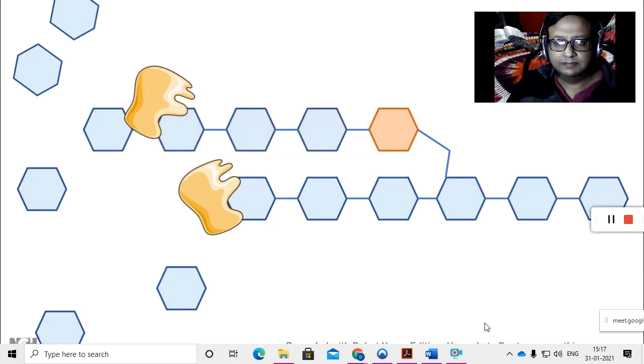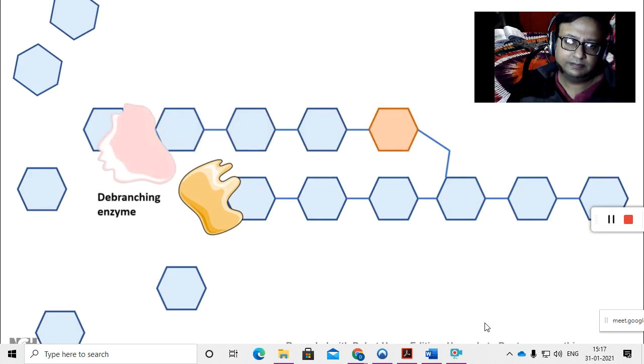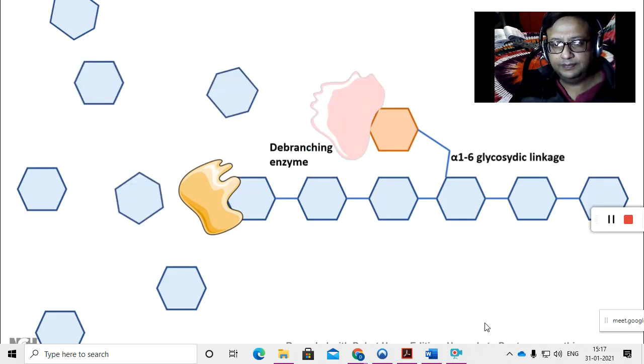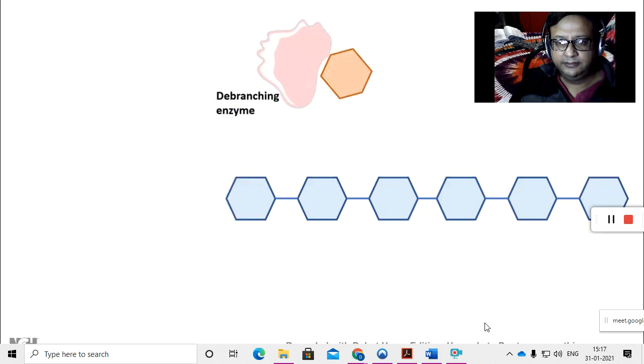Now then glycogen phosphorylase gets replaced by a debranching enzyme. Now debranching enzymes are special because a debranching enzyme can break the alpha 1,6 glycosidic linkage, which glycogen phosphorylase can't break. So debranching enzyme would break the alpha 1,6 glycosidic linkage and make it a linear chain of glucose.